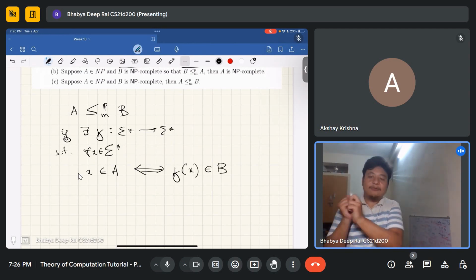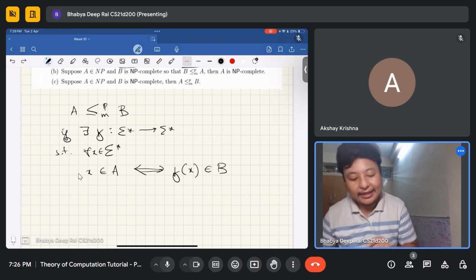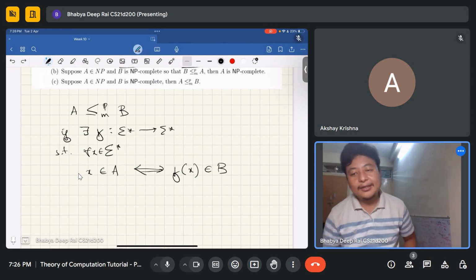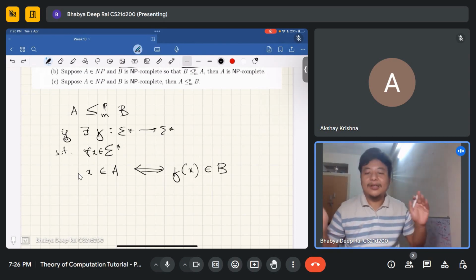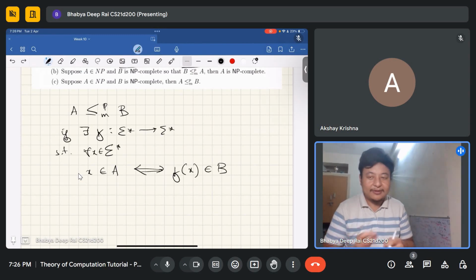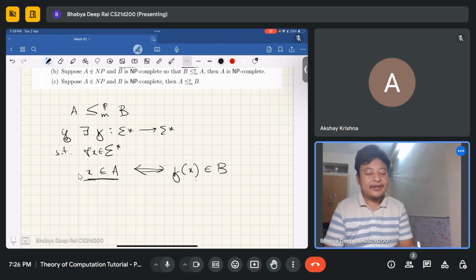So I'm transforming one language to another, and this is called a reduction. This F has the special property. We were doing it before in the computability section also, using the halting problem and so on. So we do this small surgery kind of thing, so that if I have an algorithm for B, I can have an algorithm for A also.